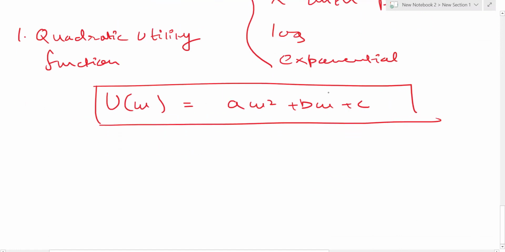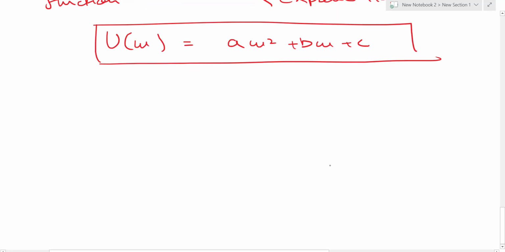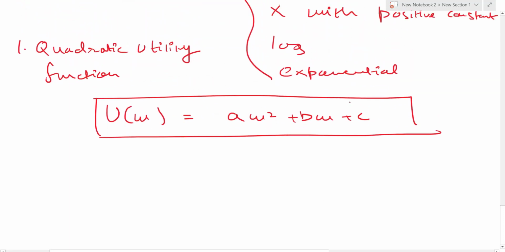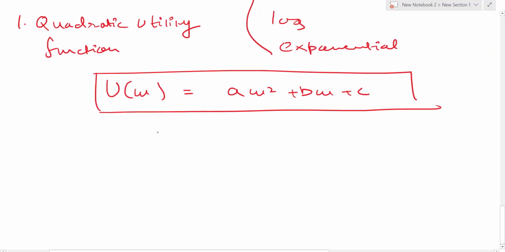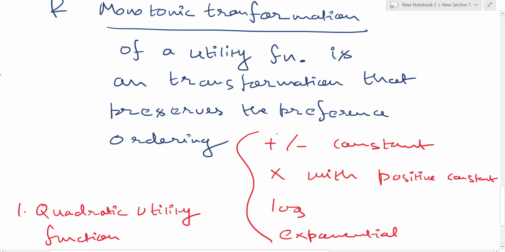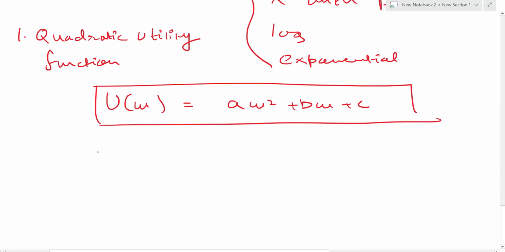So what would be a monotonic transformation of this? As they have done in the material, they have added or subtracted a constant and divided by a positive constant, and I'll show you how it preserves the preference ordering. Bear with me. Let's transform this by subtracting c and dividing by b: u of w minus c, divided by b.